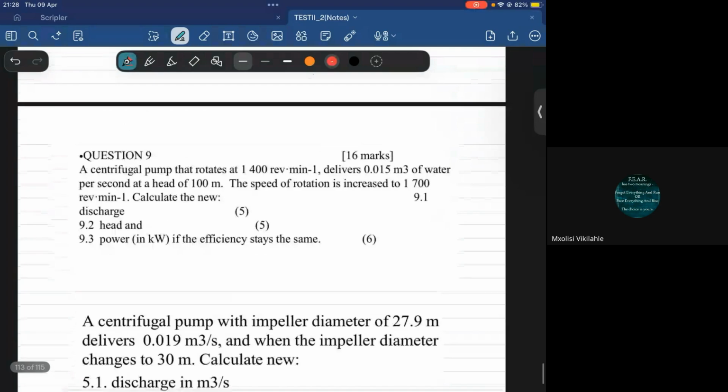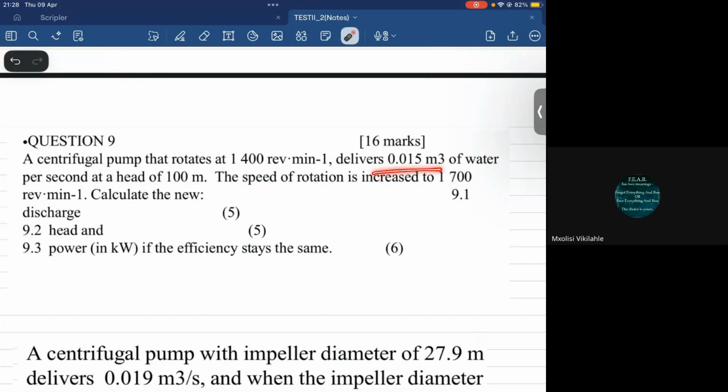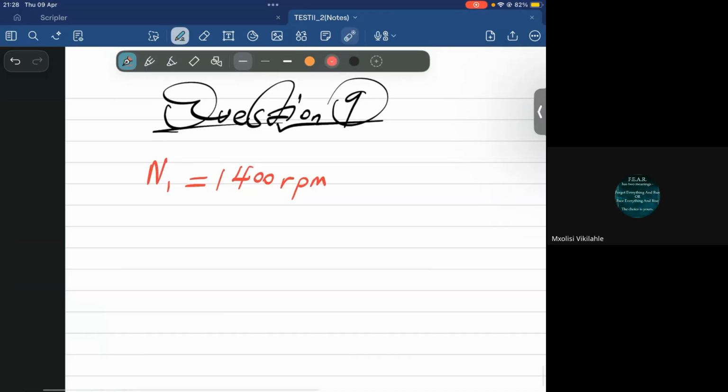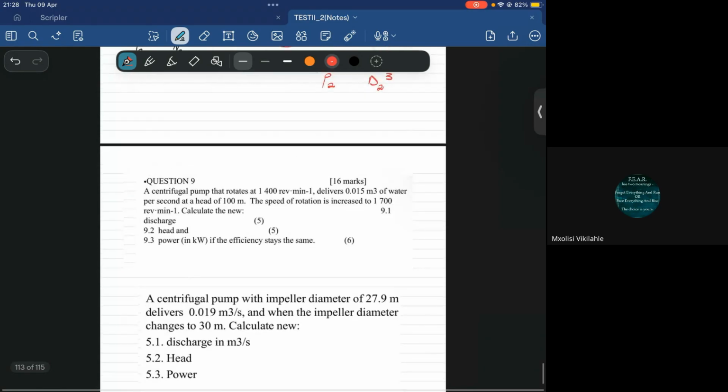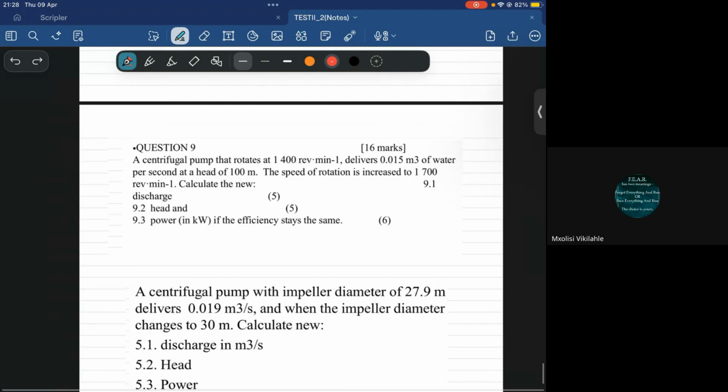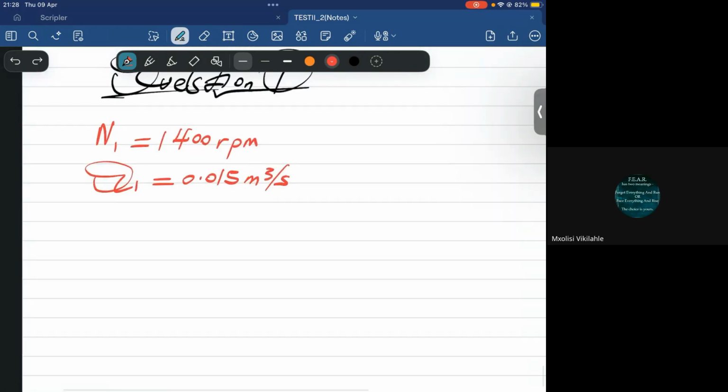We are also given the capacity, the volumetric flow rate of 0.015 cubic meters per second, as well as the first head of 100 meters, including impeller speed 2.